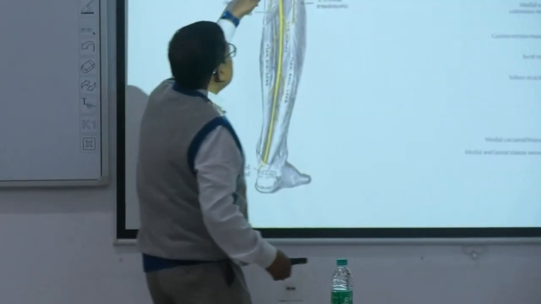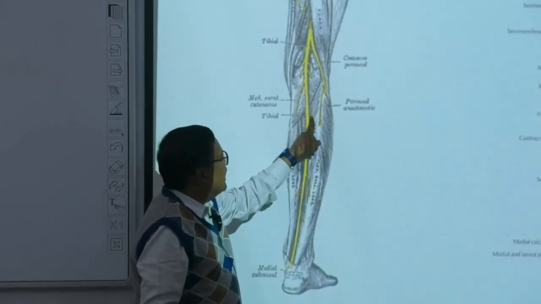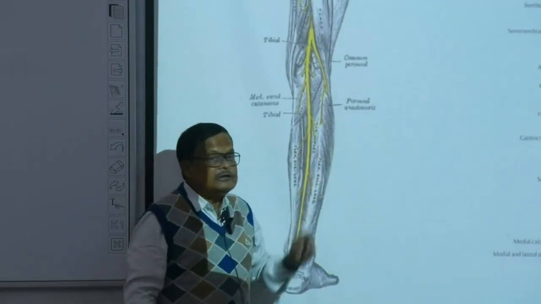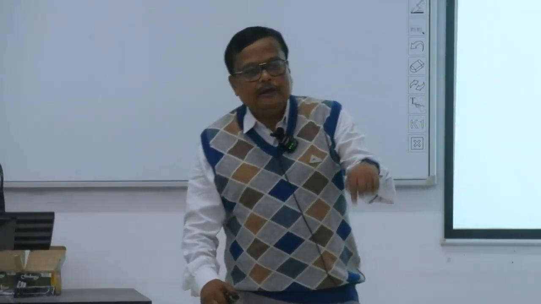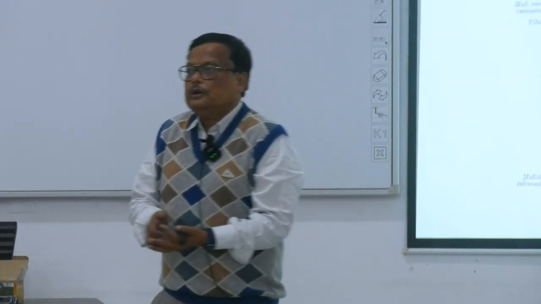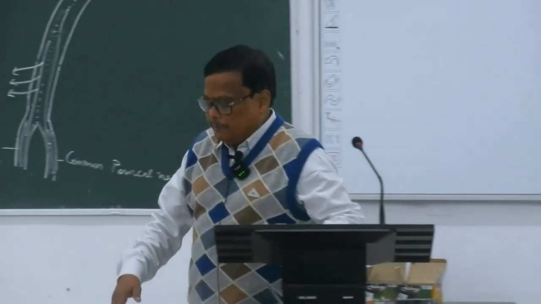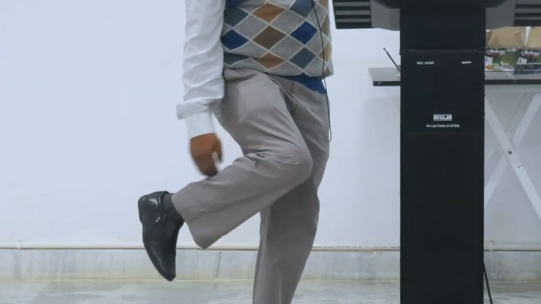And the tibial nerve comes down as the main continuation of the sciatic nerve, and here it divides into anterior tibial nerve and posterior tibial nerve. Anterior tibial nerve goes anteriorly in the anterior lateral compartment of the leg, and posterior tibial nerve comes down posteriorly.